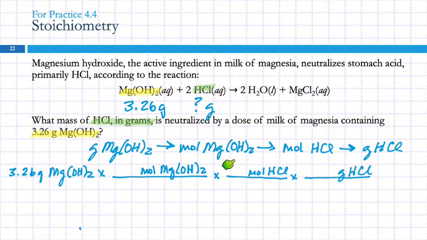Grams to moles to moles to grams. In this first step, the compound is staying the same and the unit is changing. In the middle, the unit is the same, the compound is changing. And at the end, the unit is changing and the compound is staying the same, because you can only change one thing at a time. So put in the units so they cancel out.